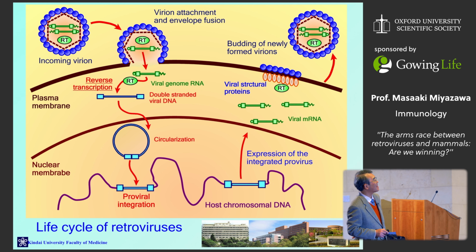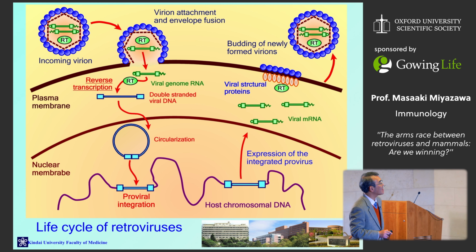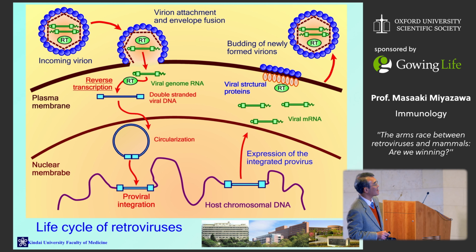And when the viral membrane is fused with the target cell membrane, the manganese or magnesium ion goes inside the viral particle and switches on the reverse transcriptase.